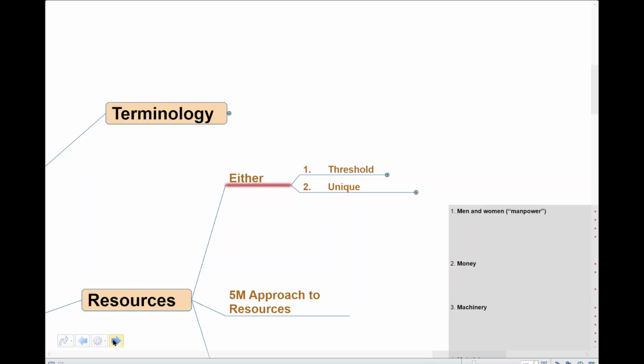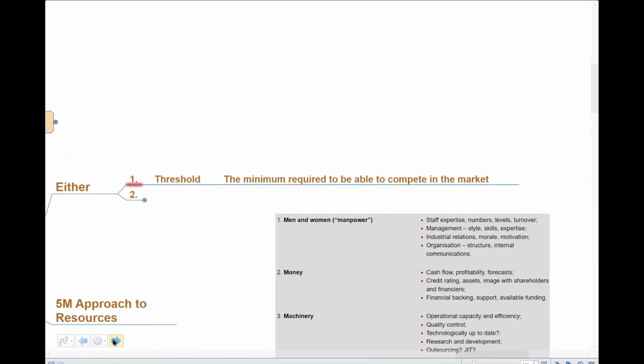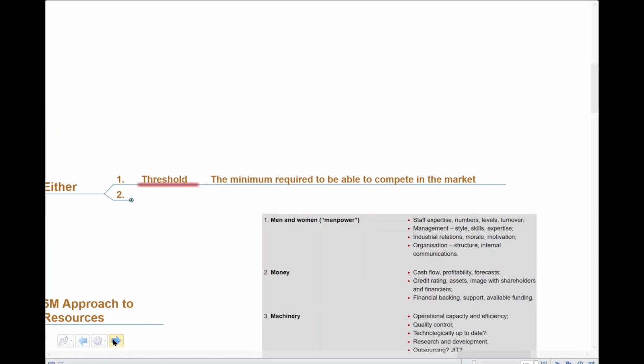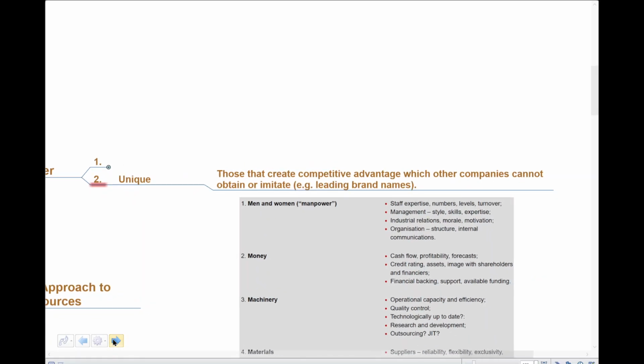Resources are split two ways, a little bit like capabilities. Threshold is just the minimum required to be able to compete in the market, to achieve parity, equality with the many competitors. So there's threshold. What about unique?